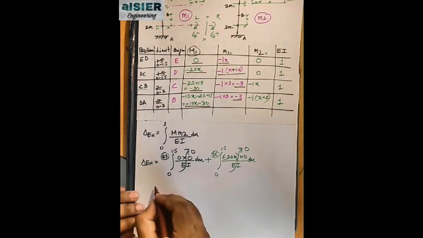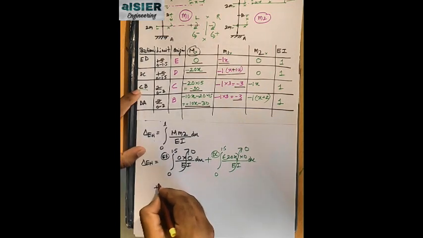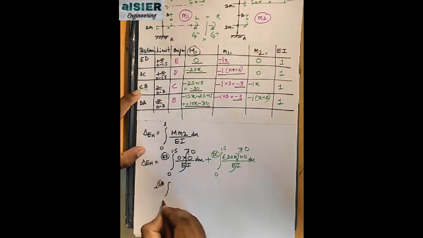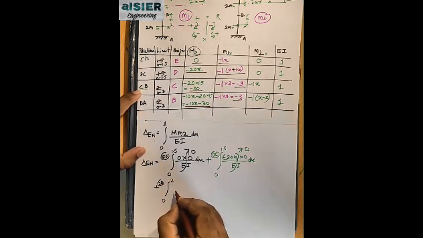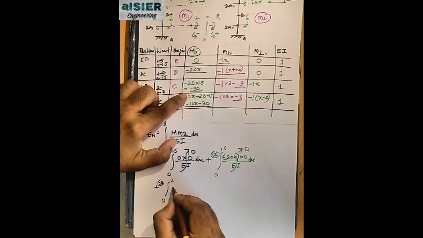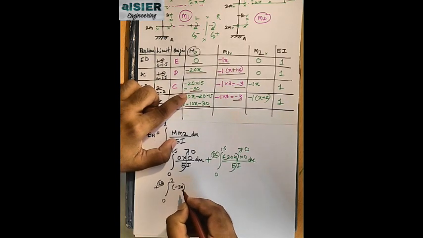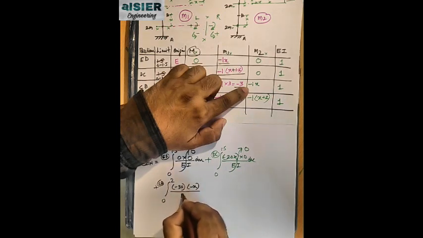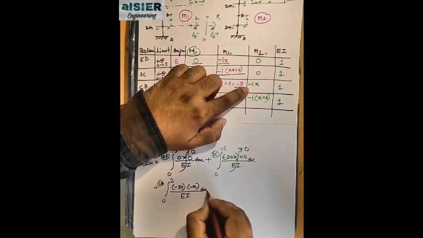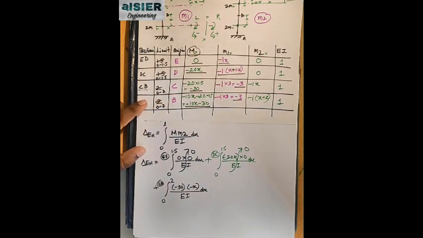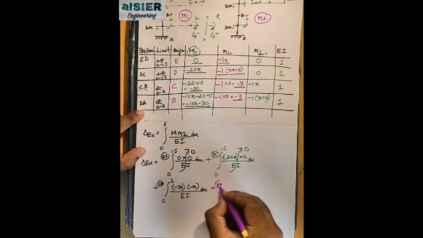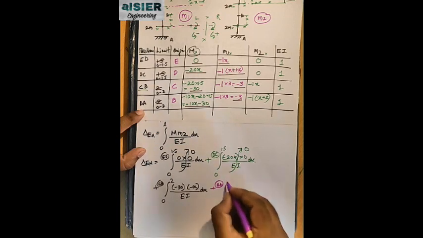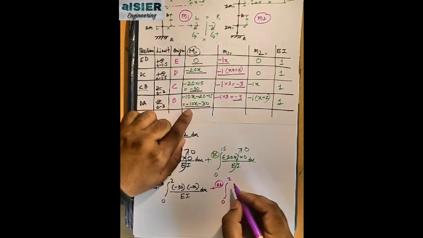Next, plus region CB. Okay, so the limit is 0 to 2 here. What is the value of M here? It is minus 30, and the value of M2 is minus x upon EI dx. Plus, now for region BA, the limit is 0 to 2. What is the value of M here?